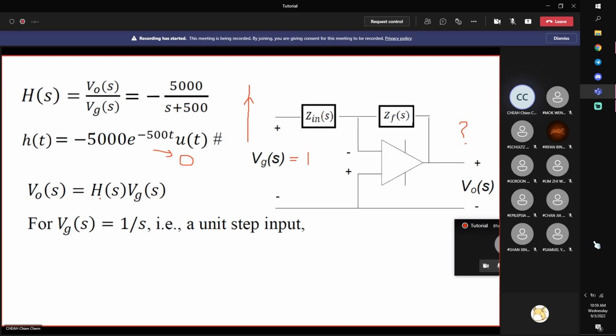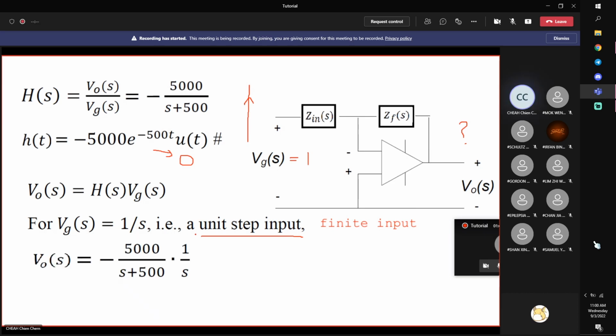For unit step response, it means that you put in a unit step input. You want to see how your circuit responds, how your output responds to this input, so it's called the unit step response. This means that I have a finite input because it's a constant of 1.